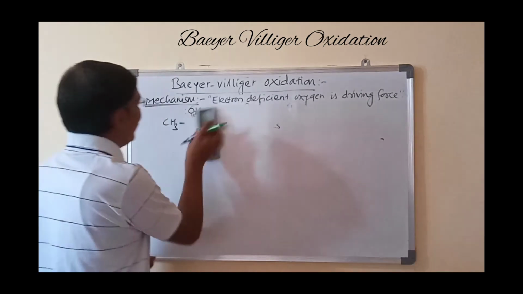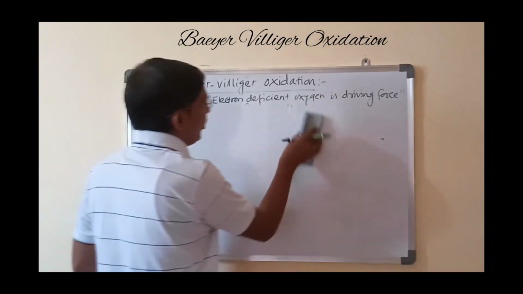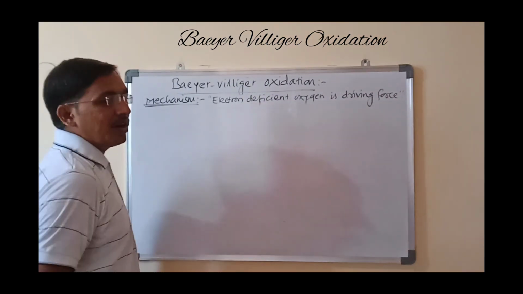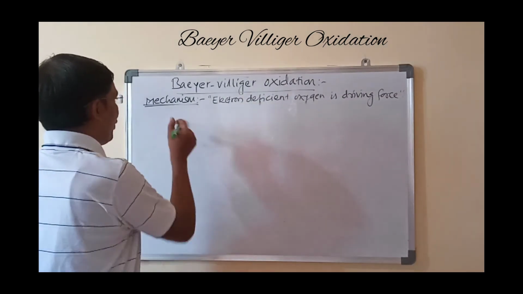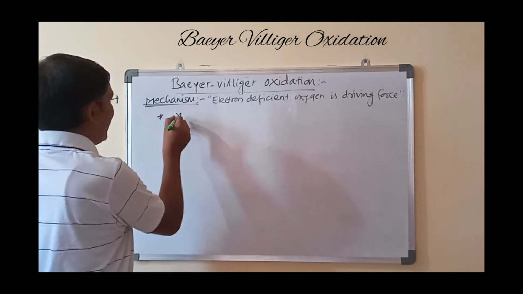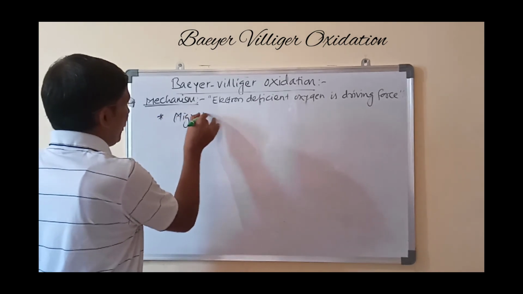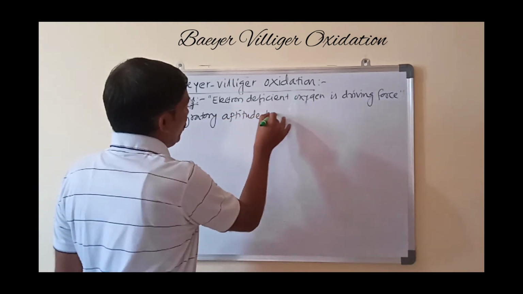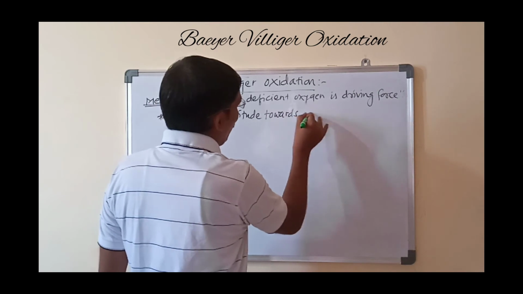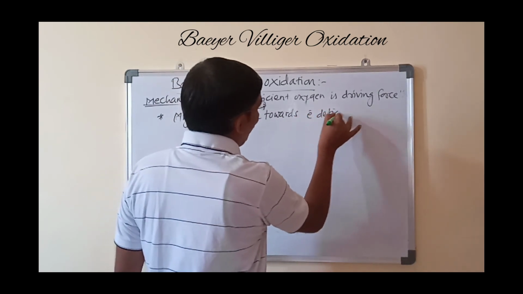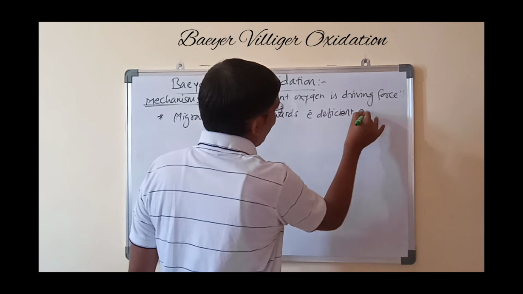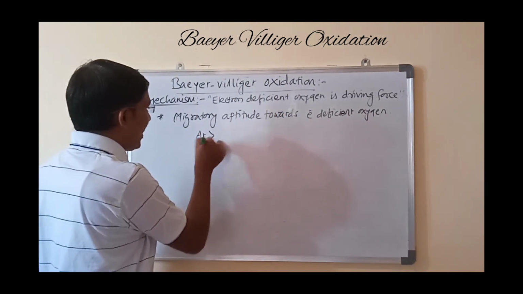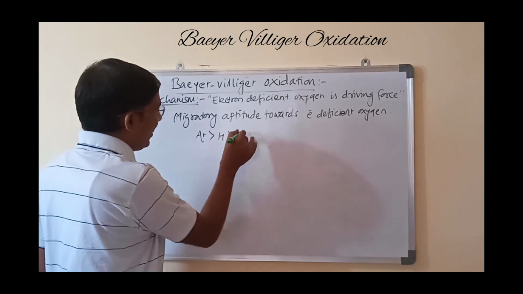Again there is one more thing, that is migratory aptitude, the shifting towards that electron deficient oxygen. Migratory aptitude towards the electron deficient oxygen is aryl group, then proton, and then alkyl.